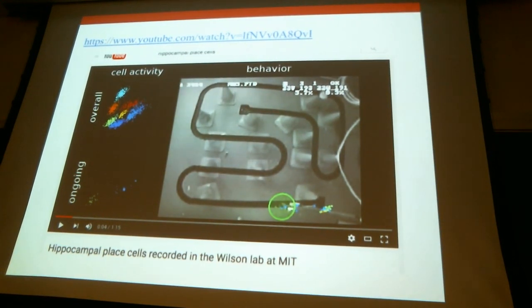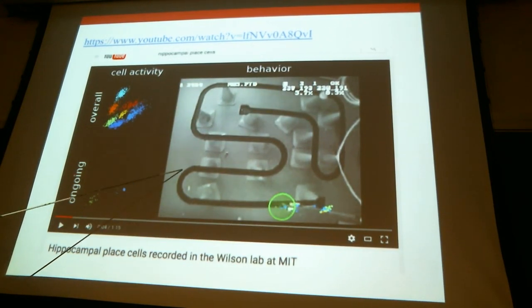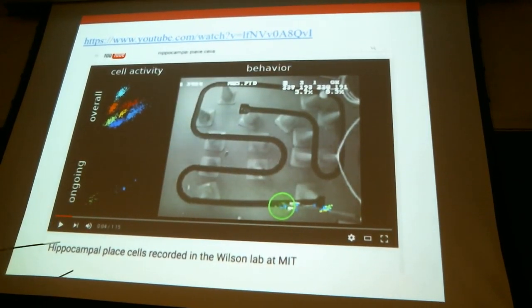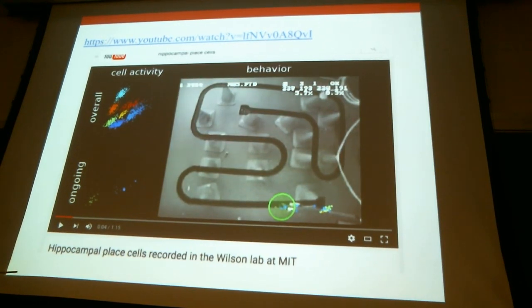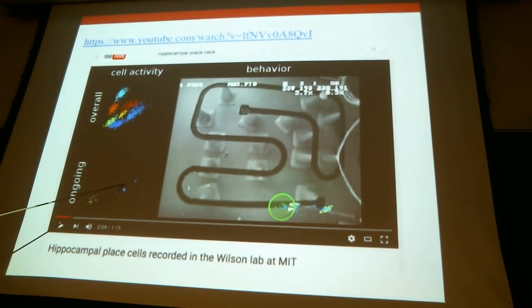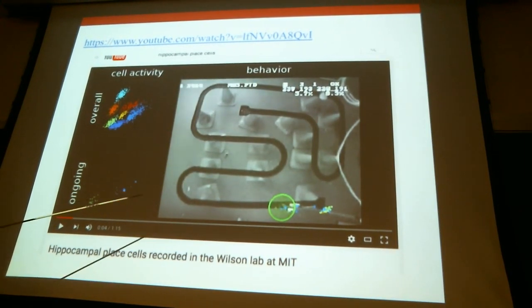Okay, so let's look at an example of a place cell field. In this example, you're going to see an animal on a track. This is just an animal running on a linear track around the room. And you're going to hear spiking. This is a multi-electrode recording, so you're getting spikes from a number of different individual cells that are color-coded on this plot, and they're going to be plotted on here and on here.